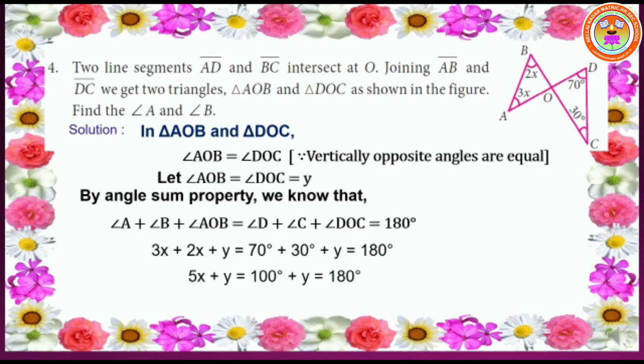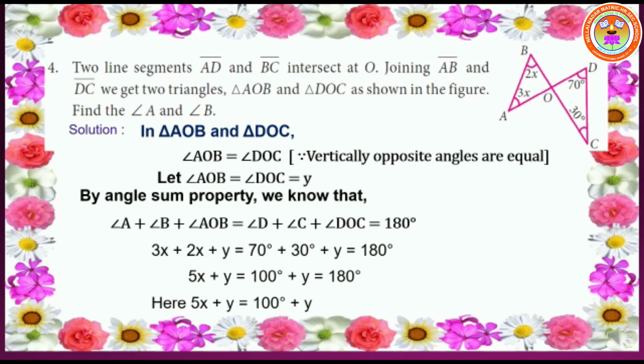Now we are going to add the values, that is 3x plus 2x. When I add, it is 5x plus y, that is equal to, here you have 70 plus 30. When I add 70 plus 30, it is 100 degrees plus y, that is equal to 180 degrees. Now I can write the value as 5x plus y is equal to 100 degrees plus y.